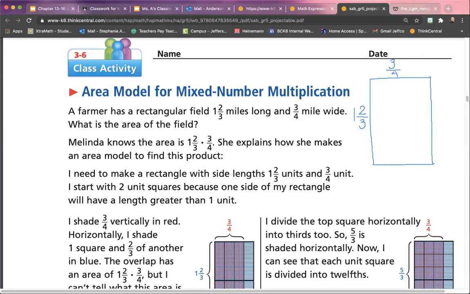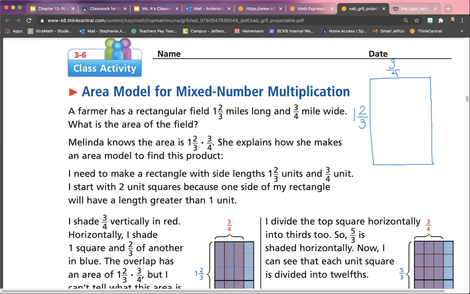Again, it looks just like area. It's anything we've always done before. It's just the numbers are a little bit different, right? All right. So if we want to find the area of a rectangle, what do we need to do? Who could tell me? Add, subtract, divide, multiply?